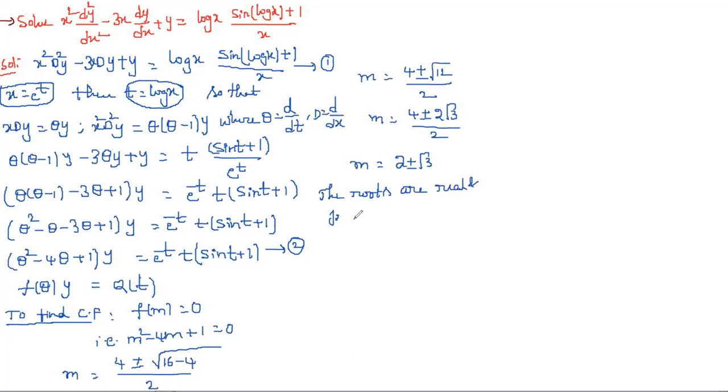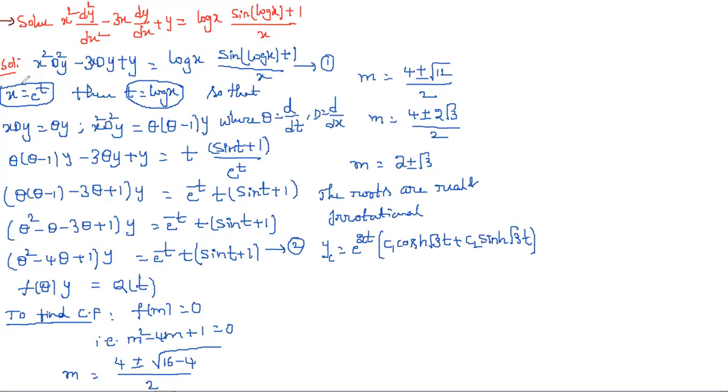Then the complementary function: Yc is equal to e power 2t into c1 cosh root 3 t plus c2 sinh root 3 t, where c1 and c2 are arbitrary constants.